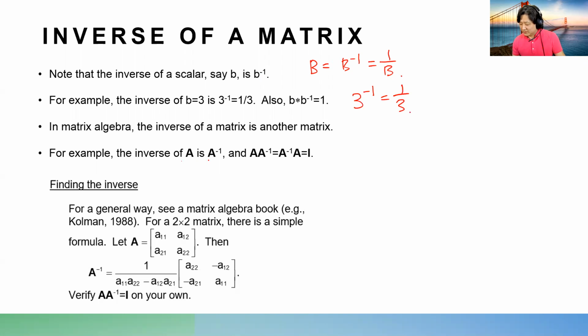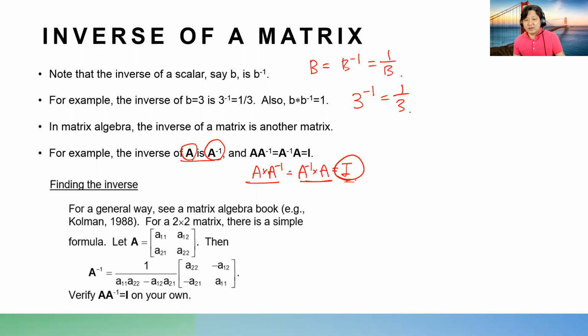And the inverse of A is A to the -1. And then A times A inverse is equal to A inverse times A. And this is the identity matrix. Okay.